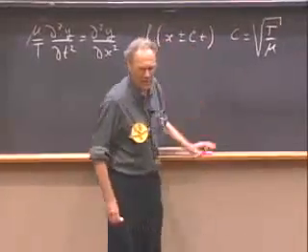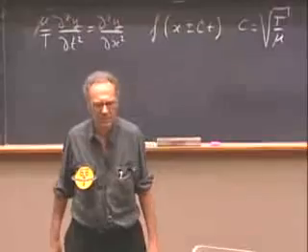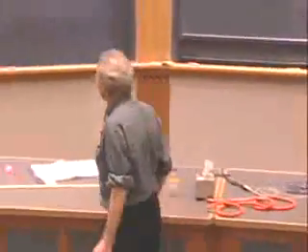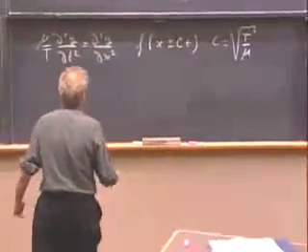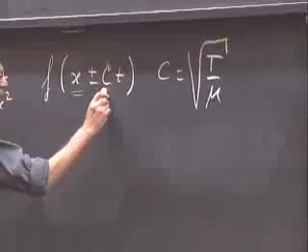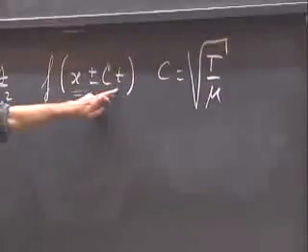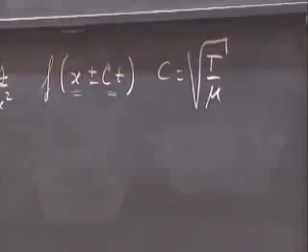What is the dimension of that c? What is the dimension of that c? Meters per second. It's a velocity. Because if I have apples here, I must also have apples there. And so this can only be an apple if c has the dimension of a velocity.